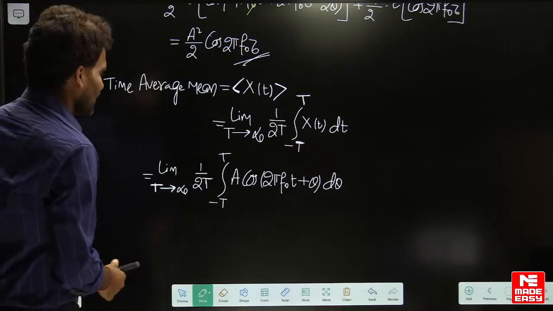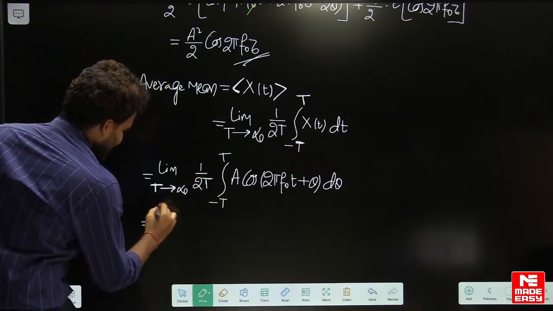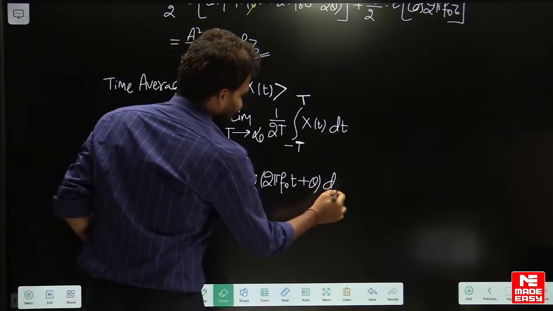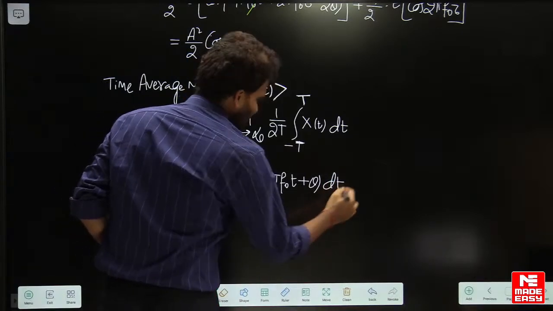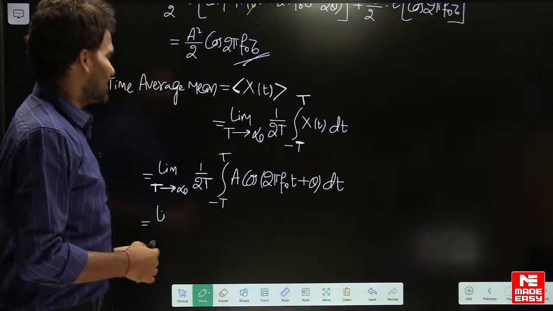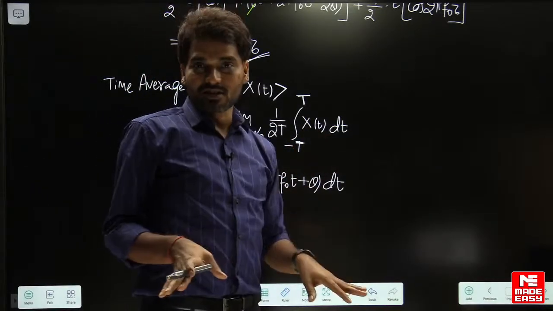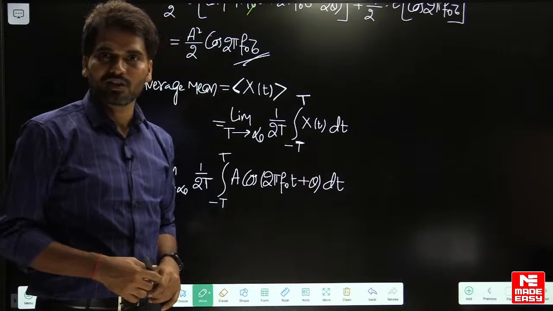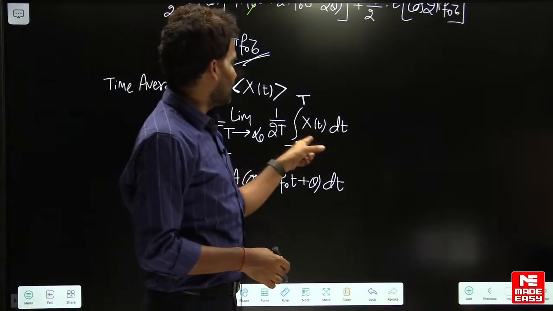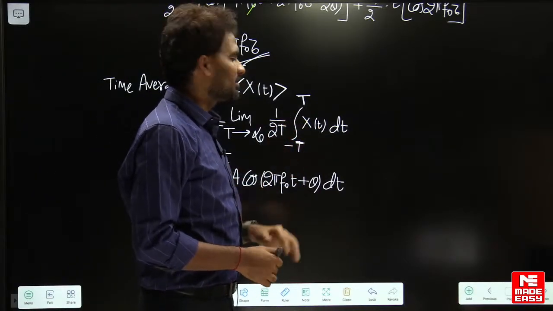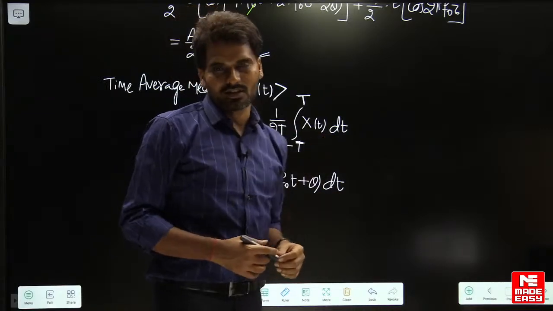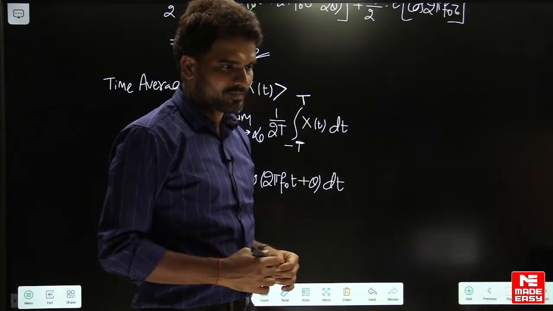Okay, it is dt actually, so be careful about this. Your density function is not involved, so the integration is not with respect to theta. It is simply finding the average of xt in the time interval minus T to T. Your integration is with respect to t, you have to understand.